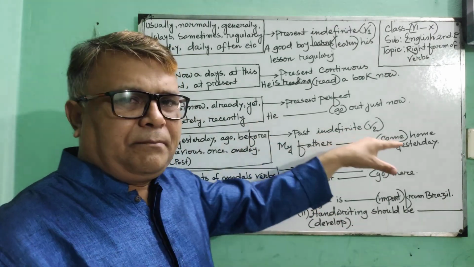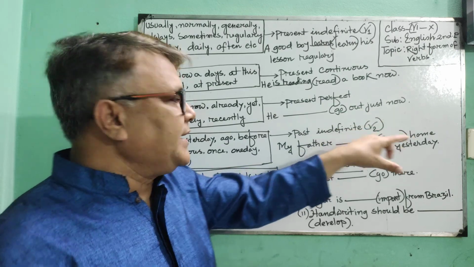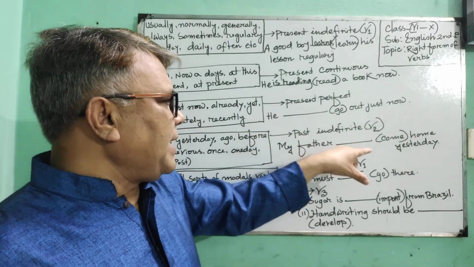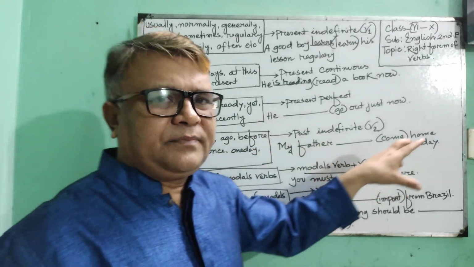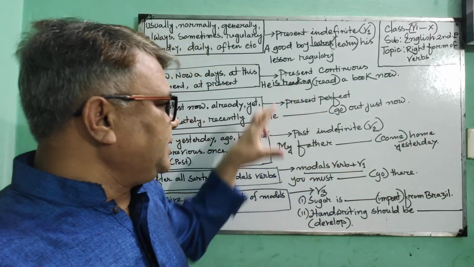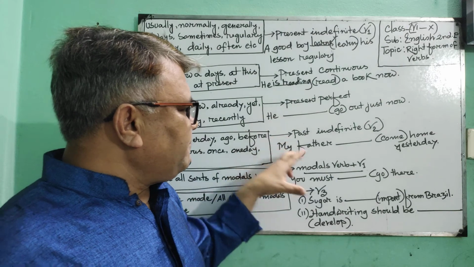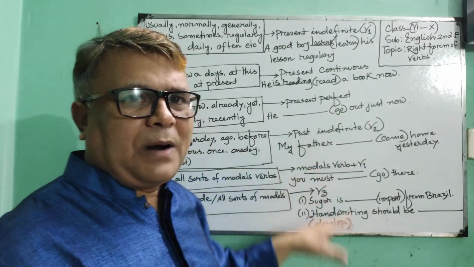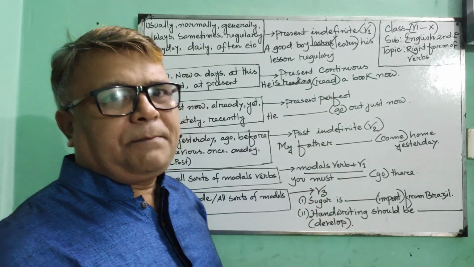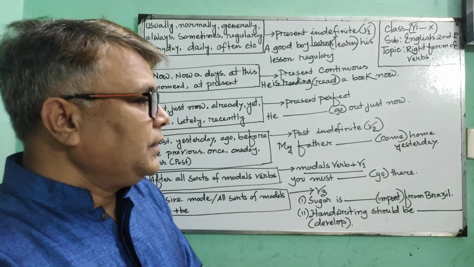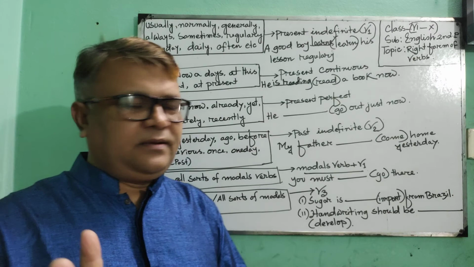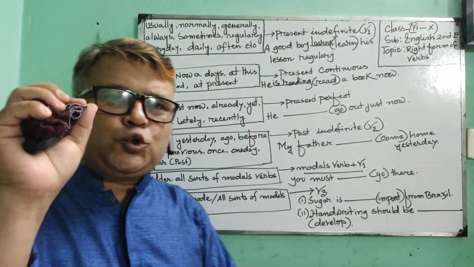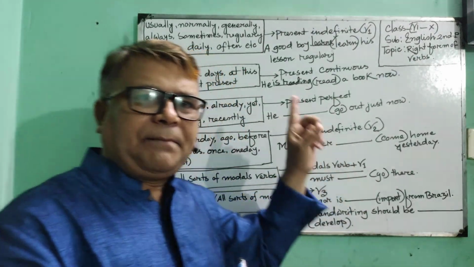There will be some verbs in a box, and there may be a passage, and you will find some gaps. But you have to fill up the blanks with suitable verbs from the box. But in this case, you have to do two things. First of all, you have to choose verb from the box.